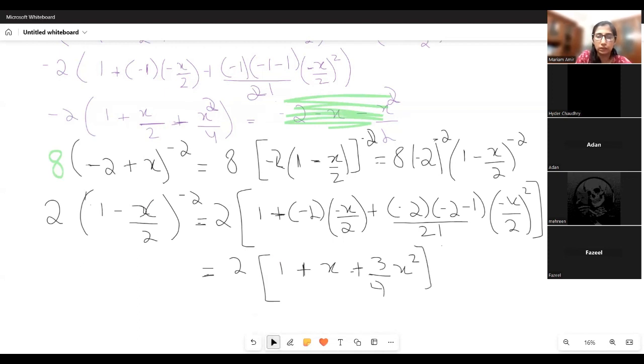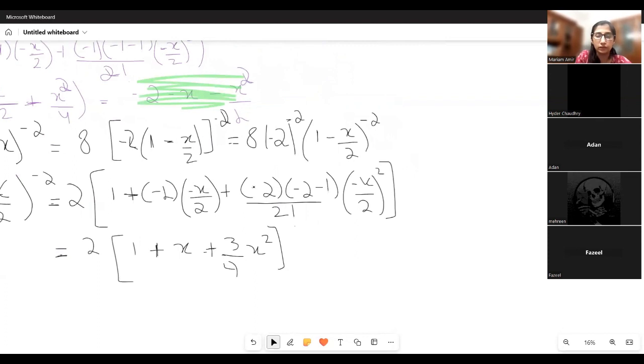So we get 2 plus 2x plus 3 by 2x square.